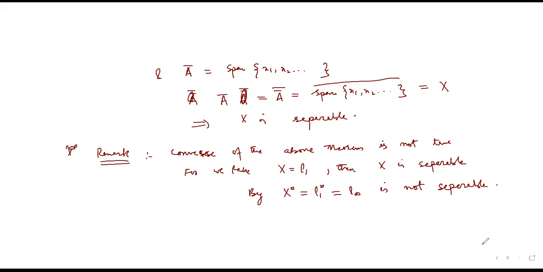Okay, अब before going to the next thing, I want to define what we call weak convergence. Let's define it first. Let X be a normed linear space.